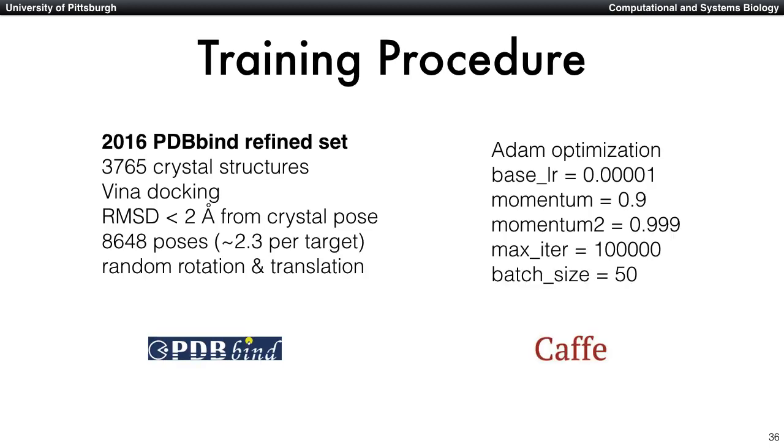We are training on PDB refined, just existing poses, and we're using Caffe. We have our own fork of Caffe to deal with all this 3D and molecular data. Critically, during training, we always randomly rotate. This is how we ameliorate the coordinate frame dependency of the grid representation: we never show it the same grid. So it can't just learn, oh, there's something at this XYZ coordinate, therefore I will do this.